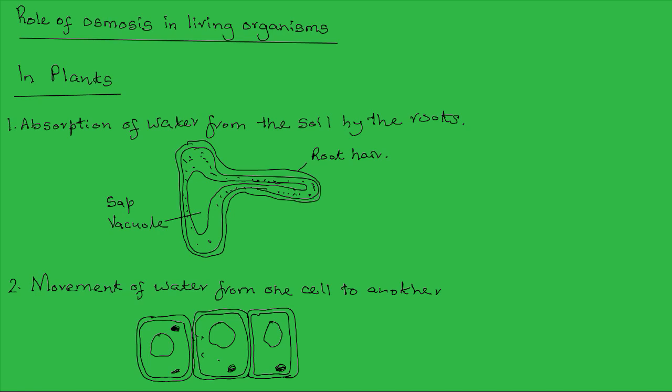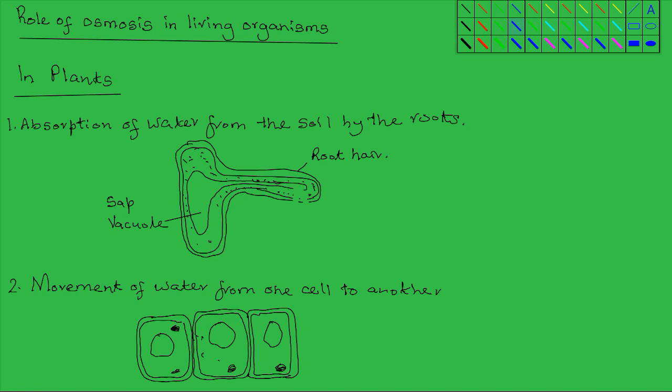So in the soil, water moves from the soil solution, which is hypertonic, and into the root hair cells by this process of osmosis. In this way, plants are able to absorb water from the soil and get it into their body.